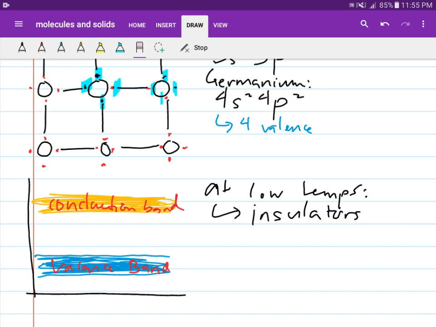But at room temperatures, they are actually conductors.